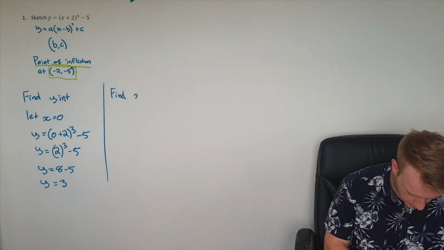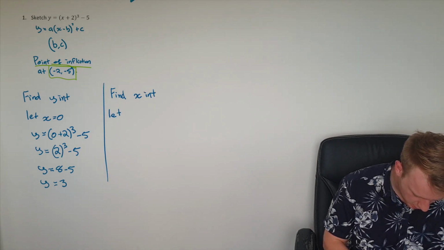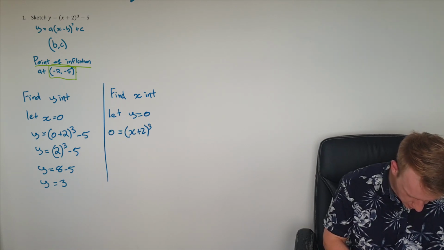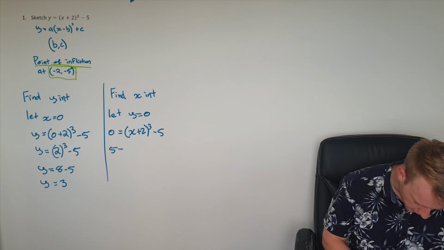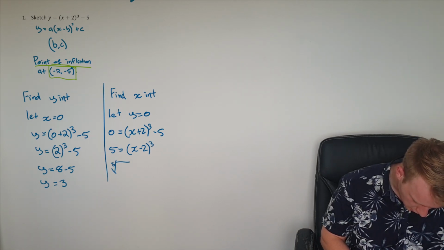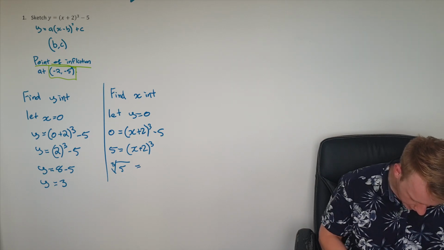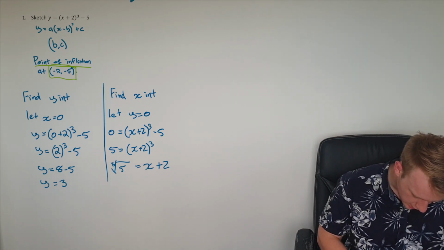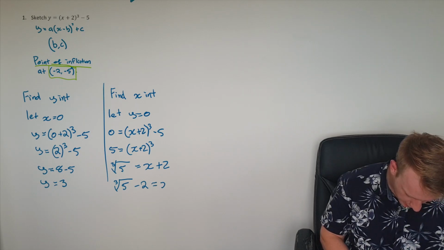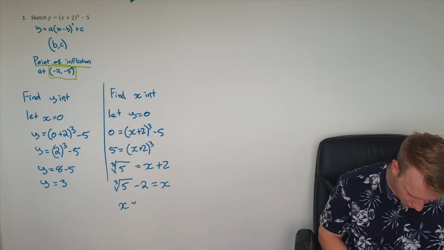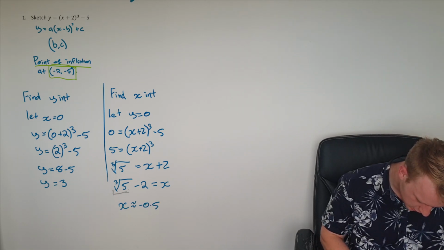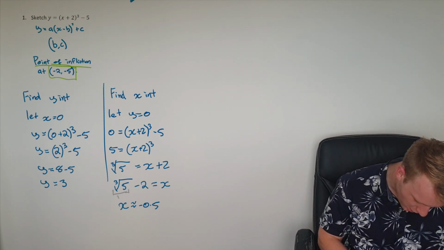Find the x-intercept. I let y equal 0, so 0 equals (x plus 2) cubed minus 5, so I've got 5 equals (x plus 2) cubed, so the cube root of 5 is equal to x plus 2, then the cube root of 5 minus 2 is equal to x, which is roughly equal to about -1/2, because the cube root of 5 would be about 1.5.